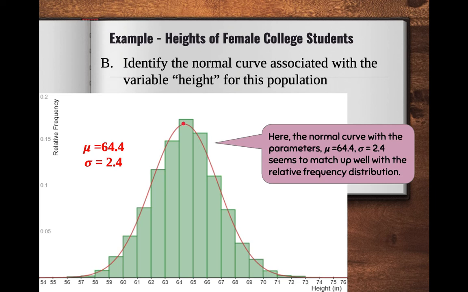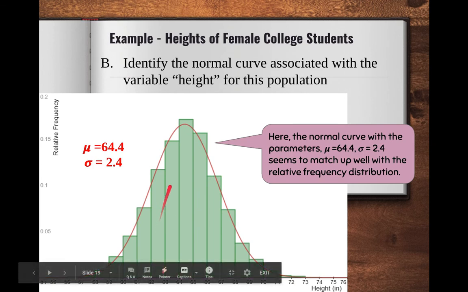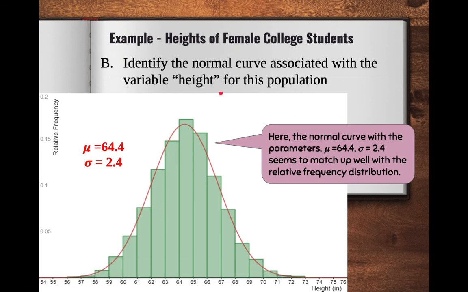The 64.4 is right up here at my highest point. We have a little above and a little below, because this is discrete data, not continuous, so we have those jumps, but it's a pretty fair representation. If you were going to draw a smooth curve over this, you'd get something pretty close to this. So we can say it's normally distributed, and we can represent it with this normal curve.